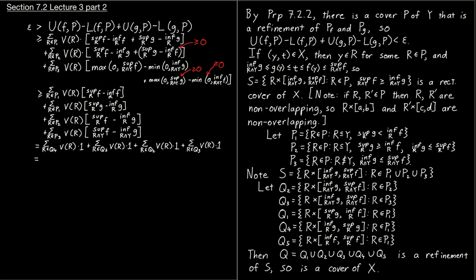So this, notice, is the sum over all the rectangles in Q minus the sum over all the rectangles in Q1.